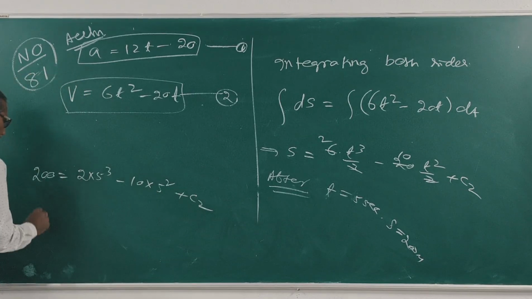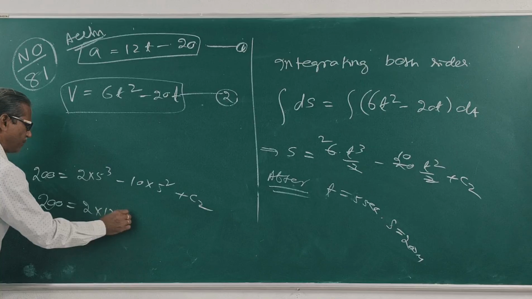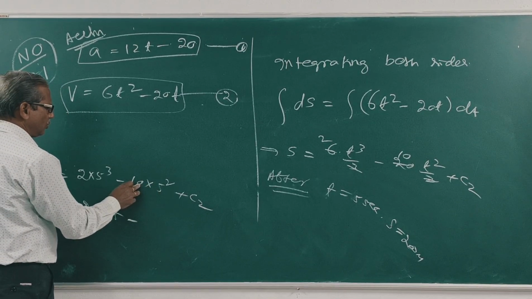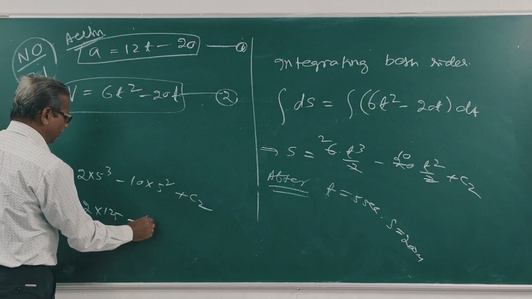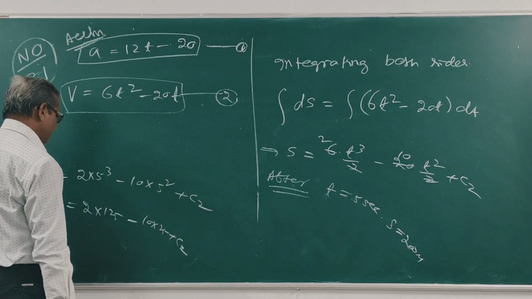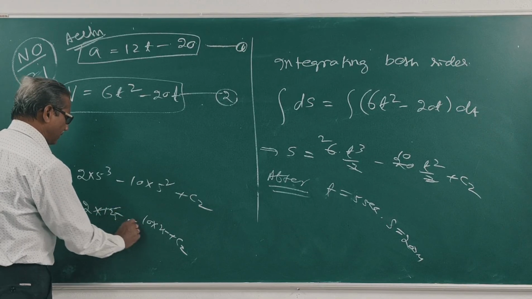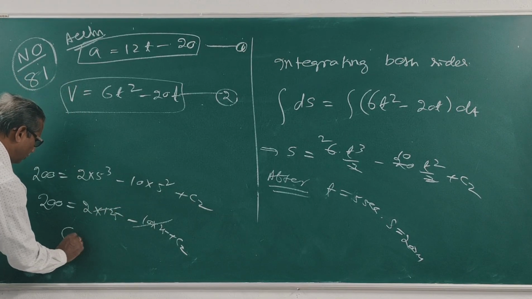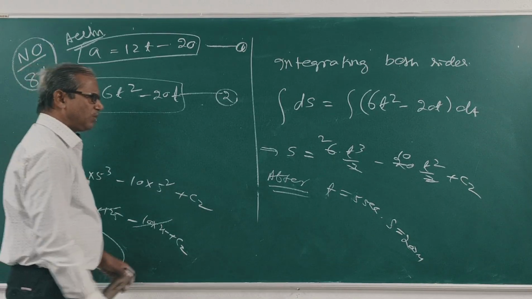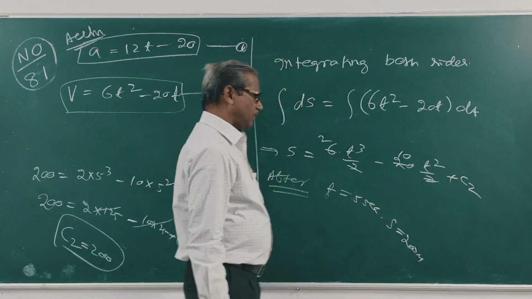This implies 200 is equal to 2 into 125 minus 10 into 25 plus c2. So 250 cancels out, c2 is equal to 200. Put the value of c2 here.